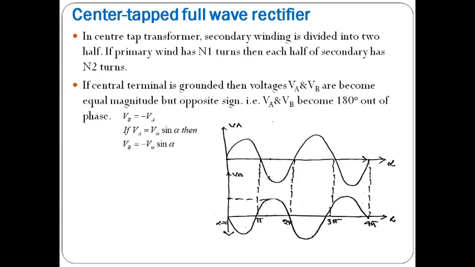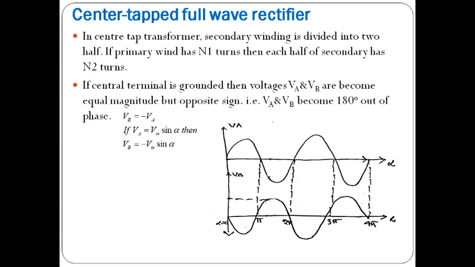But these two are out of phase, 180 degrees out of phase. The magnitude of VA equals the magnitude of VB, but the phase shift between them is 180 degrees. So we can say simply VA equals minus VB, or VB equals minus VA.